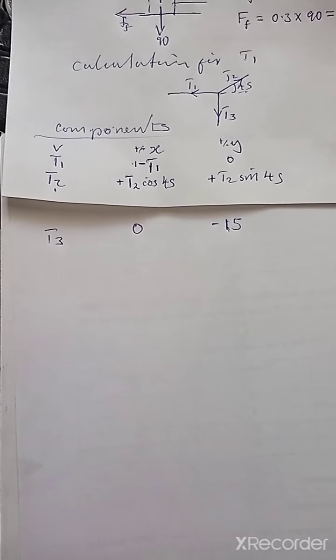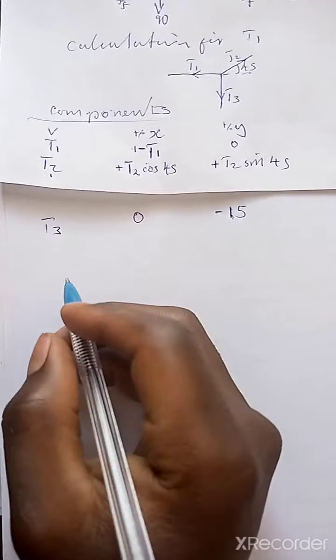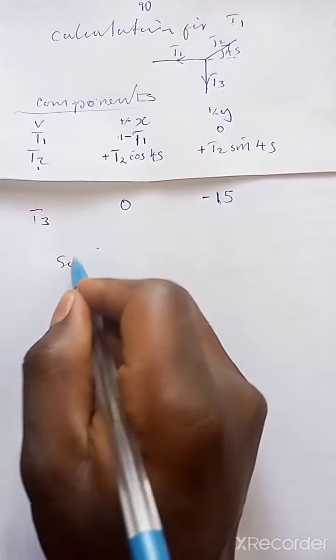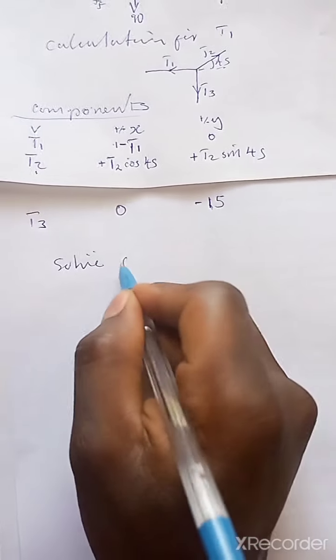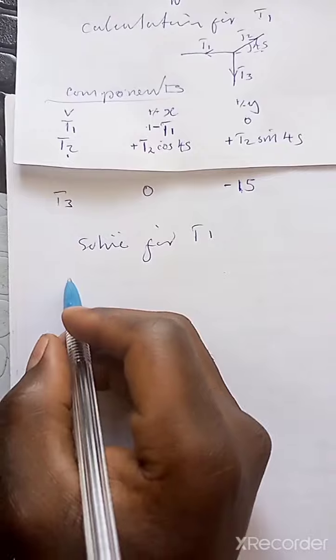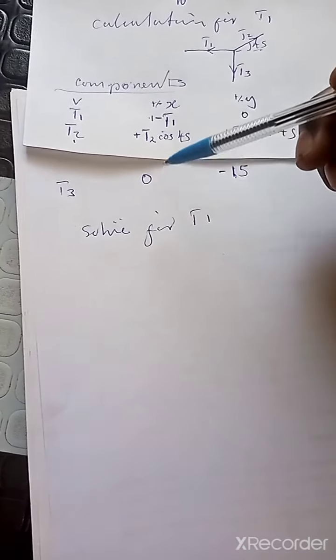Okay, so after we find the components, we need to solve for T1. I've already written solutions. We say solve for T1. To solve for T1, we look at the x component where we have T1.